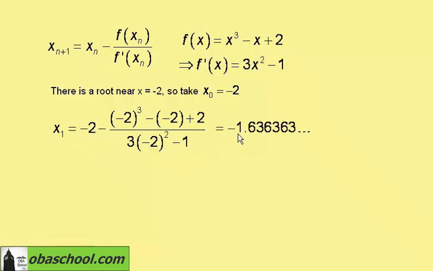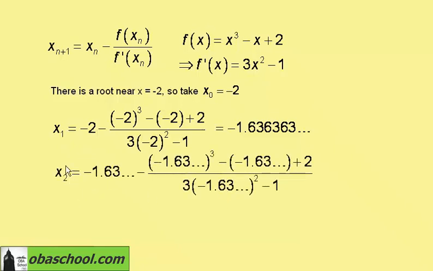And this gives us minus 1.636363 and so on. x2 then is this value take away f of that value divided by f dashed of that value. And this comes to minus 1.530392. This is x2, and we're going to use that to find x3.